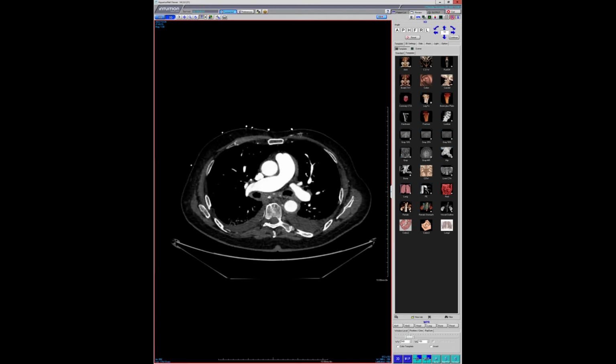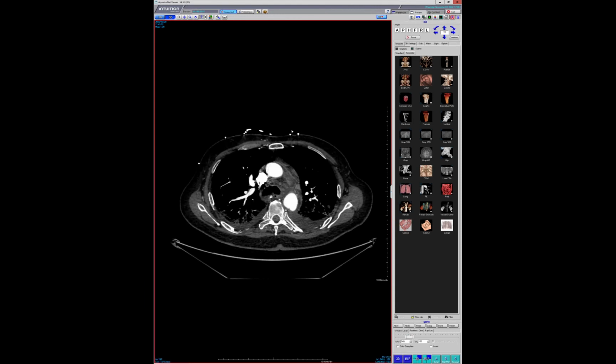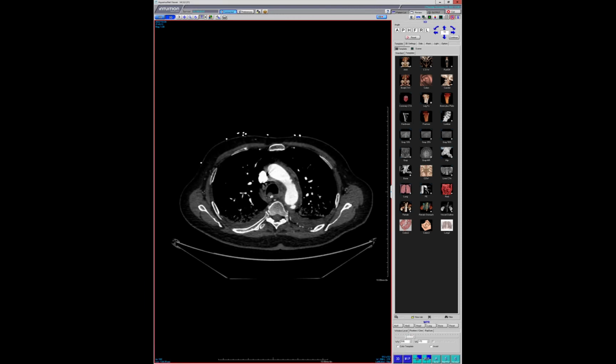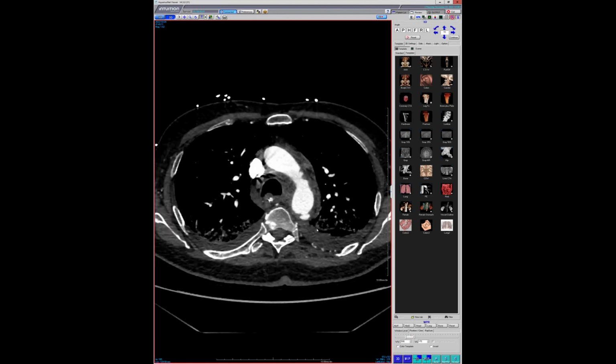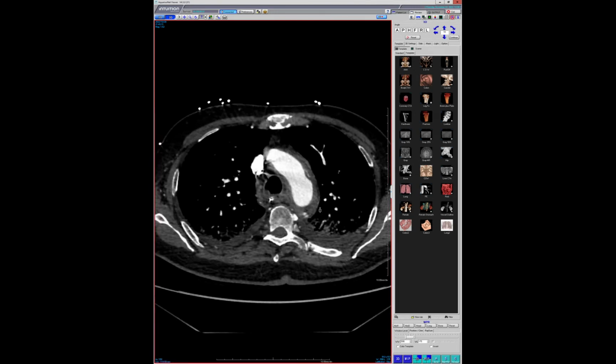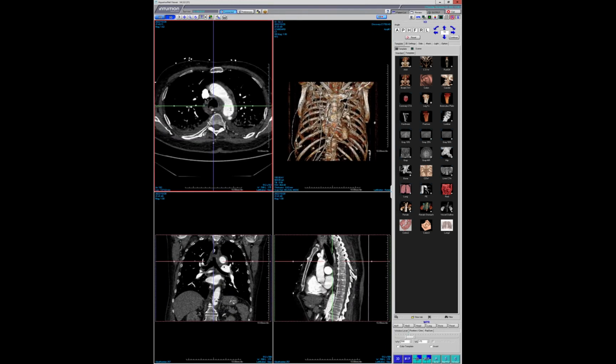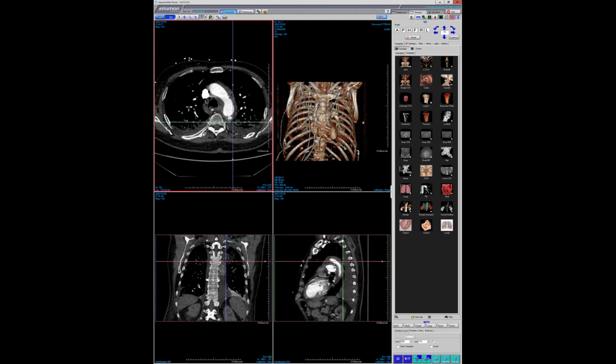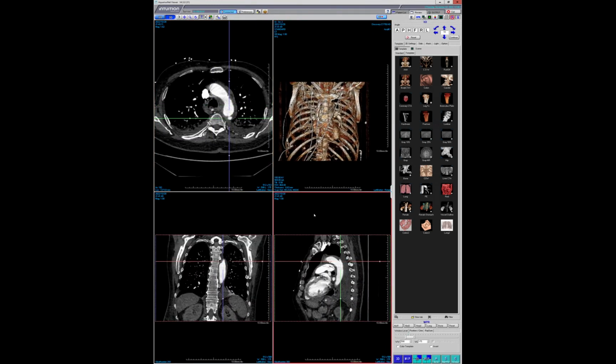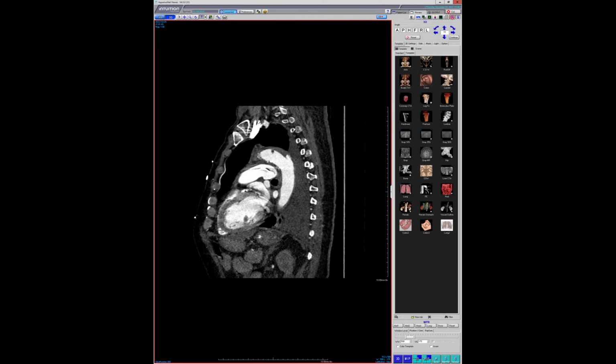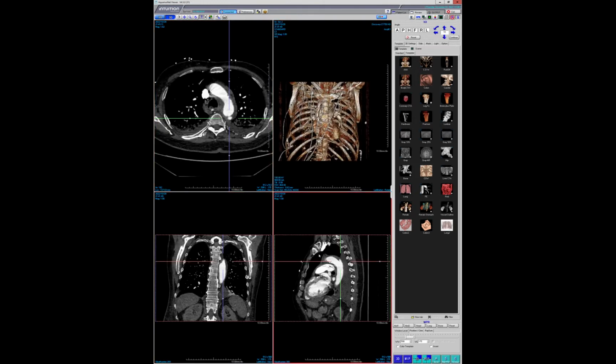They put in an intra-aortic balloon pump and pushed a little bit too hard, and you can see a nice little pseudoaneurysm in the region where the balloon pump would have been, and there's hematoma surrounding that as well.